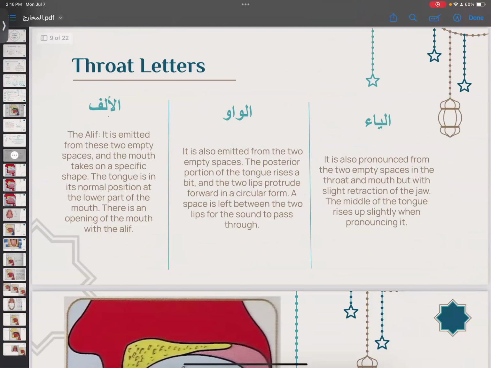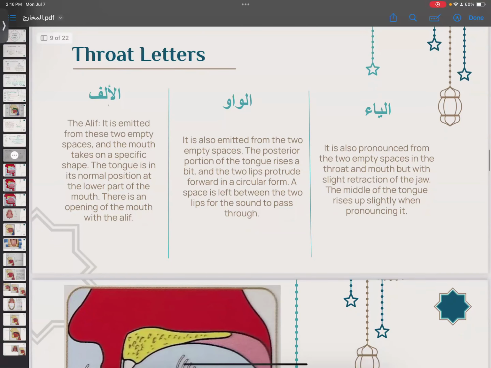And then, the throat letters or letters of the jawf are al-alif, al-waw, and al-ya. So the alif is emitted from these two empty spaces, and the mouth takes on a specific shape. The tongue is in its normal position at the lower part of the mouth, and there is an opening of the mouth with the alif.